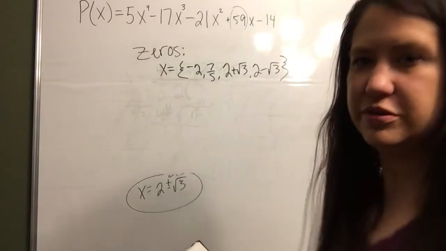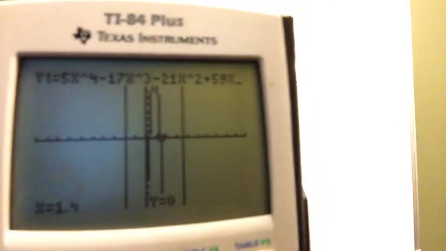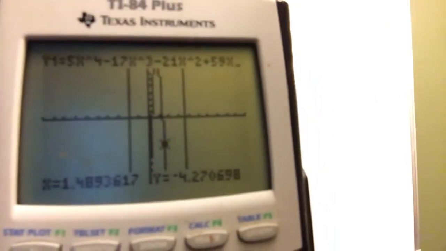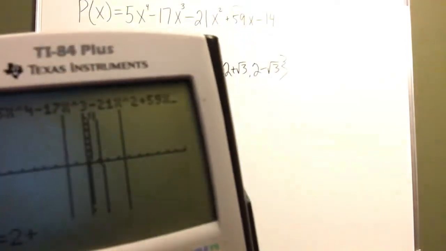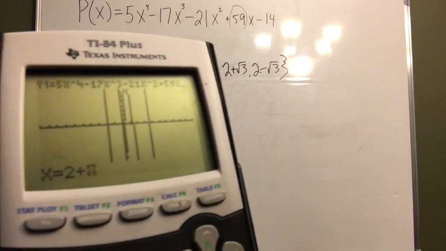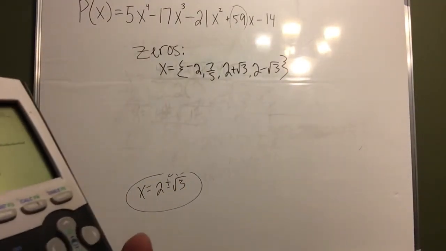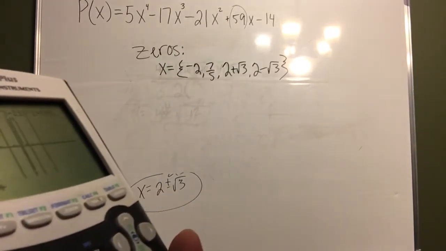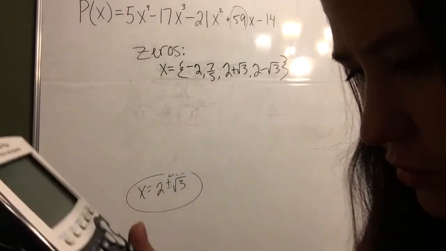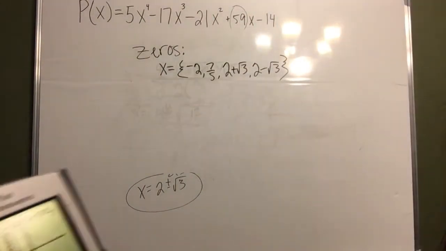Now you can check those as well, right? So I'm going to pull the calculator up again. If we hit trace, you can check 2 plus square root 3. And this better be right, or else I'm going to have to redo this whole video. Square root of 3, all right, I just typed that in.